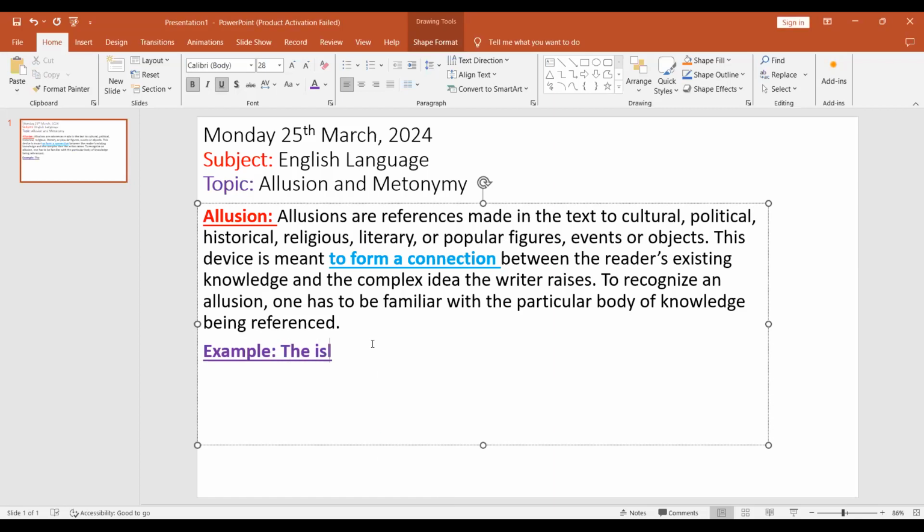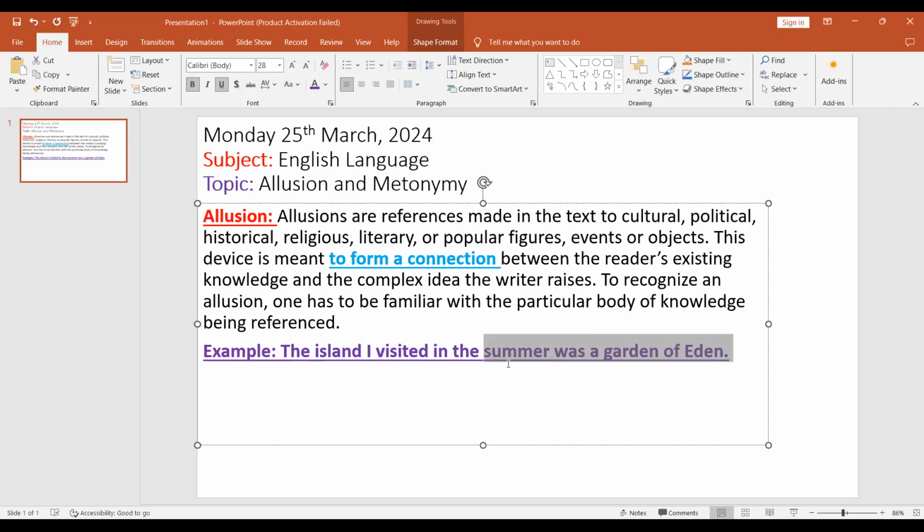The island I visited in the summer was a Garden of Eden. Now, what does this mean? If I say the island I visited last summer was a Garden of Eden, what does that mean?